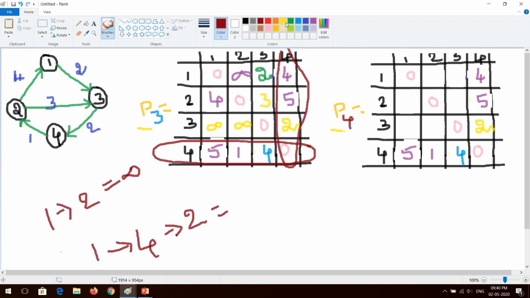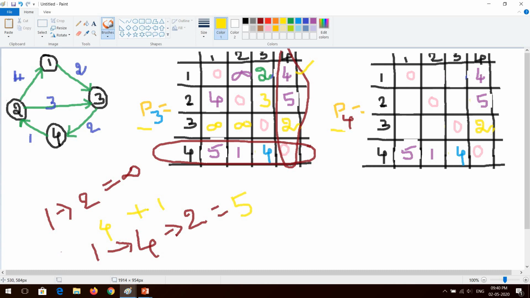See, 1 to 4, how much cost? No, 1 to 4 is 4. If you observe here, based on P3, we have 1 to 4 is 4. 4 to 2 is 1. Yes, we are able to eliminate one more infinite value.